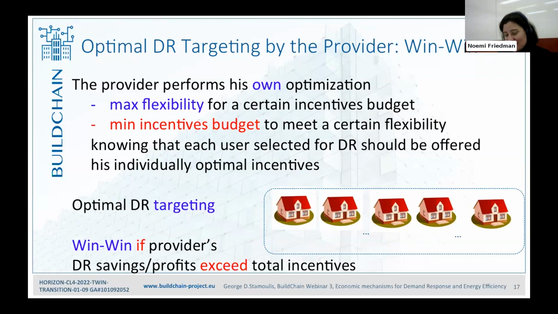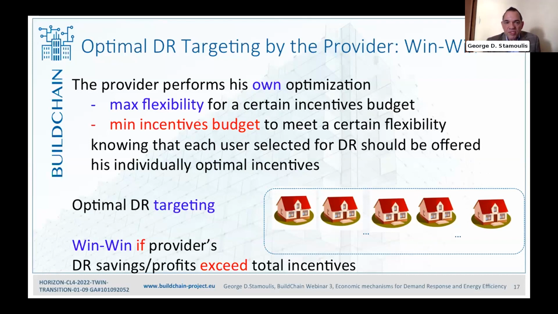Thank you. I think we are right on track. So, how will the provider perform demand response in order for this overall optimization to lead to a win-win situation, which is both beneficial for the user and the provider? The provider has to perform his own optimization.